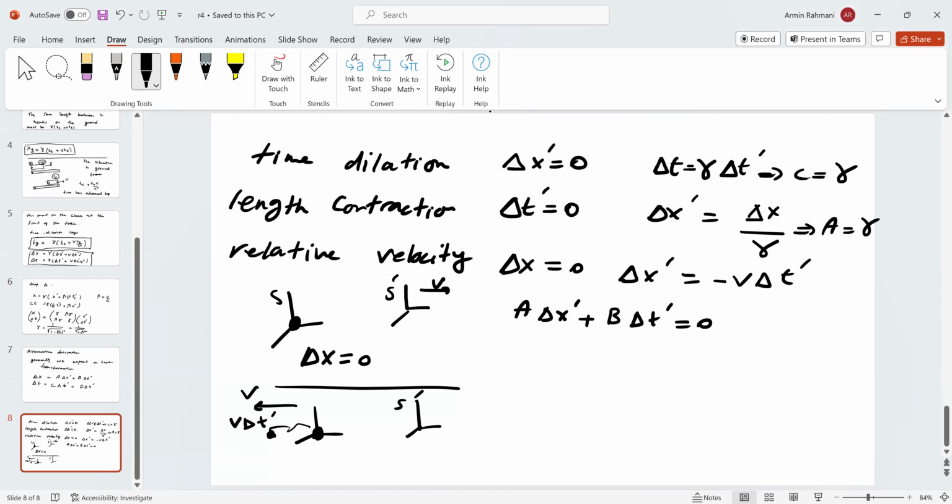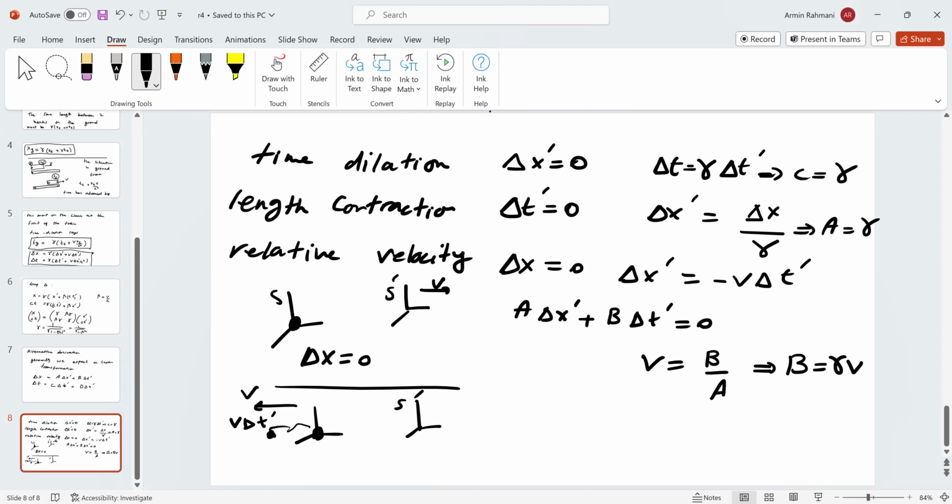So comparing this and that tells me that in this case, I guess v is b over a. So b becomes gamma, because a was gamma. So b is gamma v.